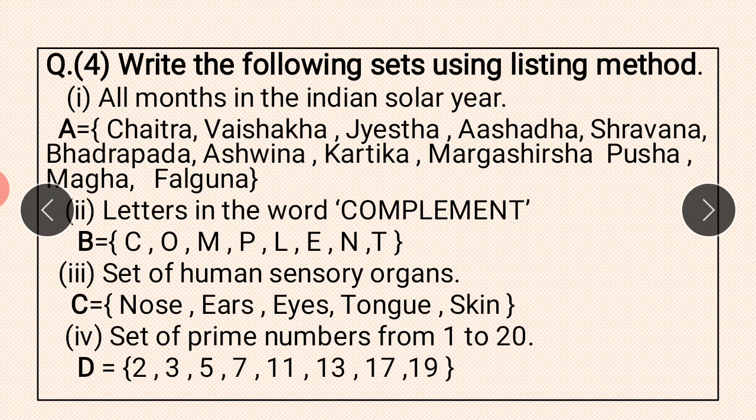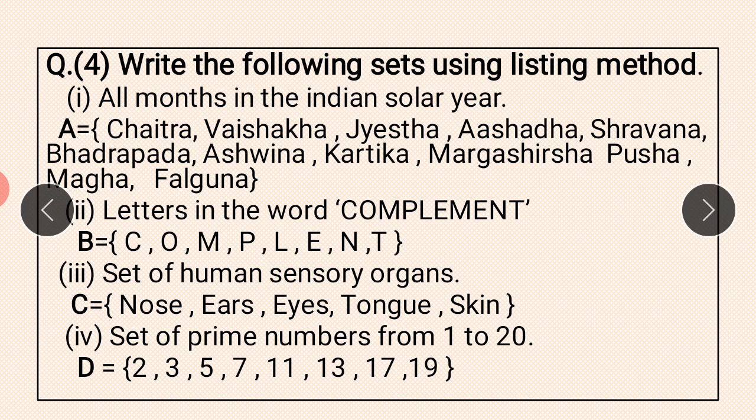Example number 3. Set of human sensory organs. Capital letter C is equal to curly bracket. You know the human sensory organs. So write down in the curly bracket: nose, ears, eyes, tongue, skin, curly bracket complete. Fourth example.